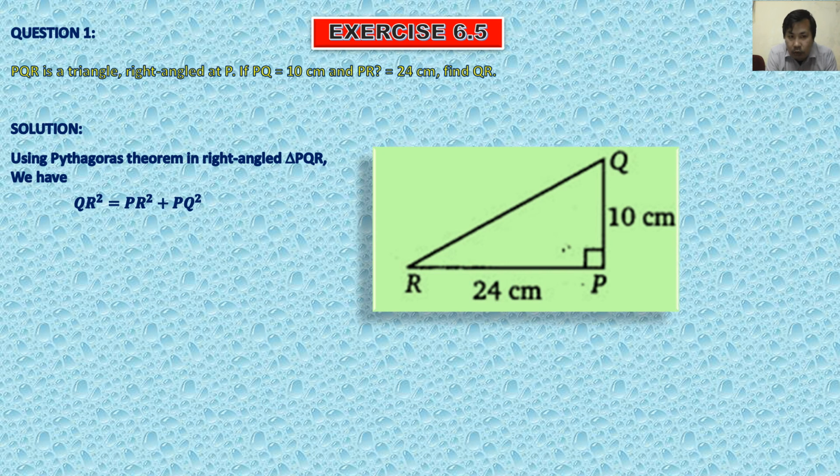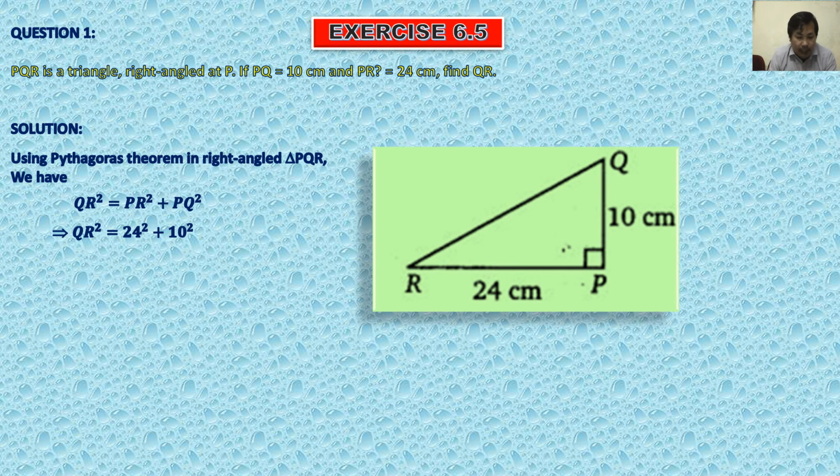So QR square is equal to PR square plus PQ square. That implies QR square is equal to 24 square plus 10 square. PR or RP, it doesn't matter, is 24 centimeters, so the square on it, plus 10 square. Okay, PQ is 10 centimeters, so 10 square.